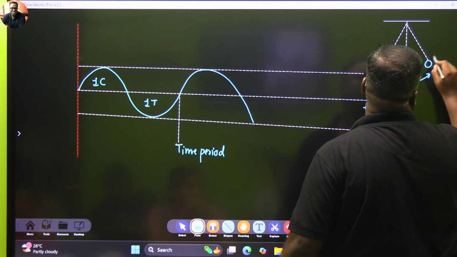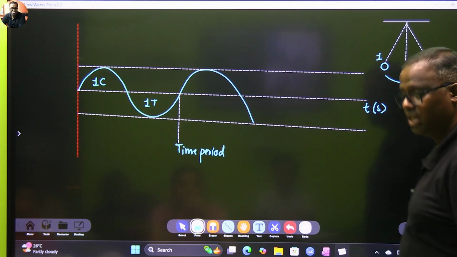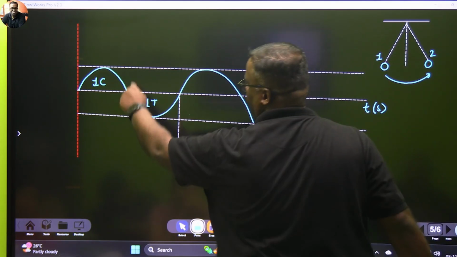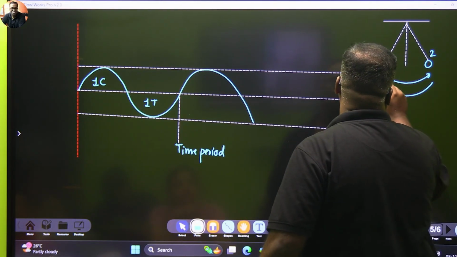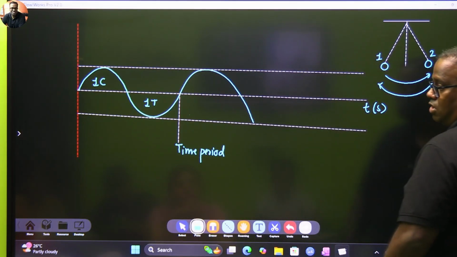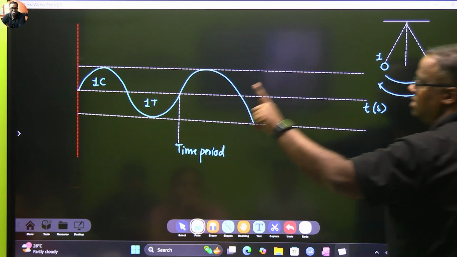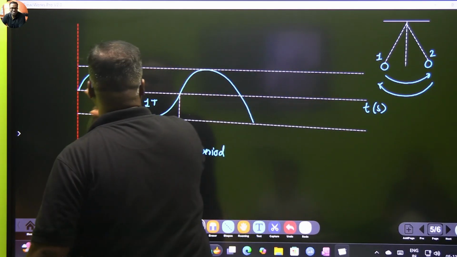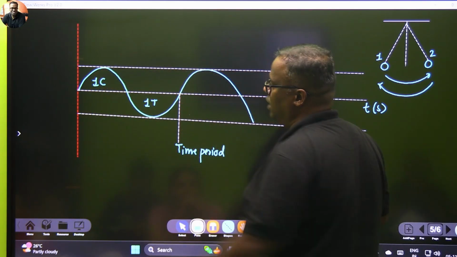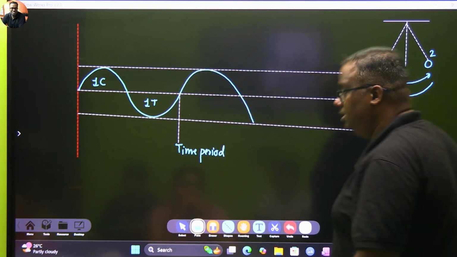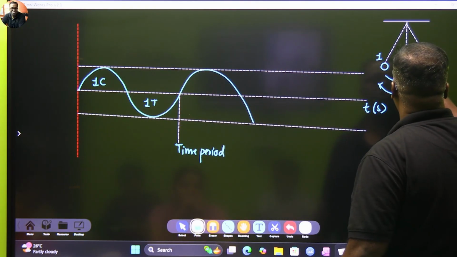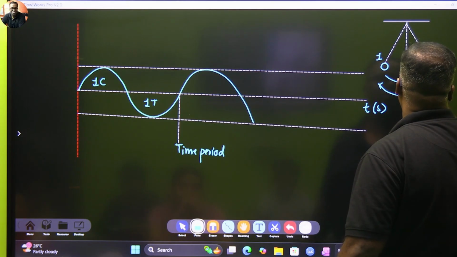You went to 2, half cycle. Then you again came from 2, so you came this side. This is known as 1 to 1, one cycle. Agreed? This portion, this is known as my amplitude.